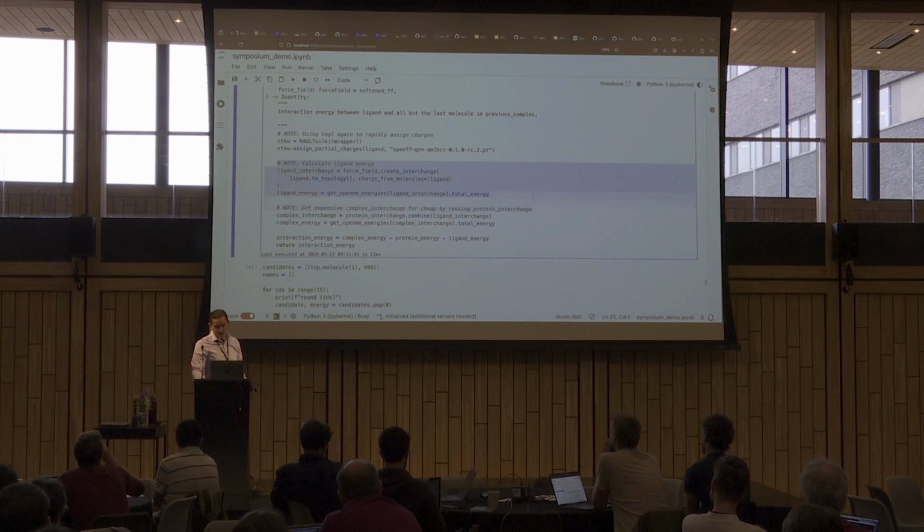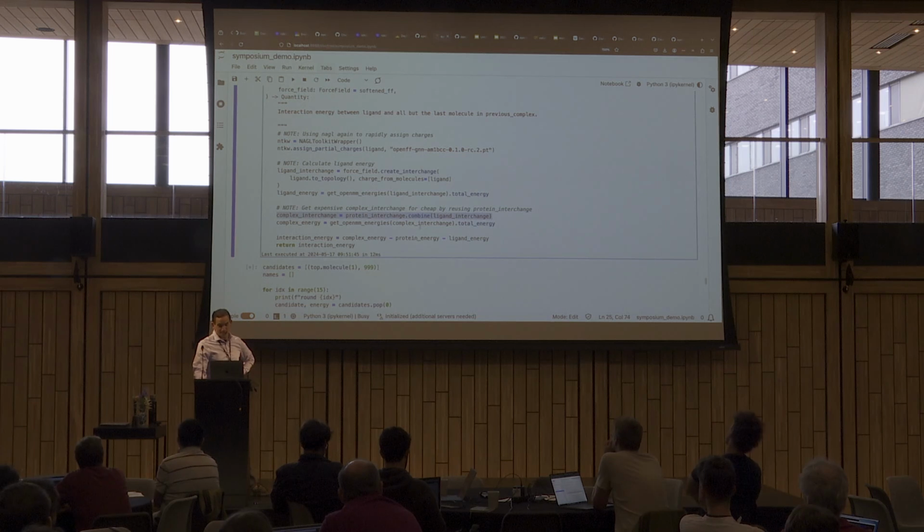We're going to calculate the ligand energy using something similar to that table that I showed you before, comparing all the energies. We just say, OpenMM, here's the ligand, what's the total energy in vacuum at the end? And finally, we're going to reuse this protein Interchange to combine with the new ligand Interchange, and this way we're saving 22 seconds a pop. And we can quickly evaluate the OpenMM energy.